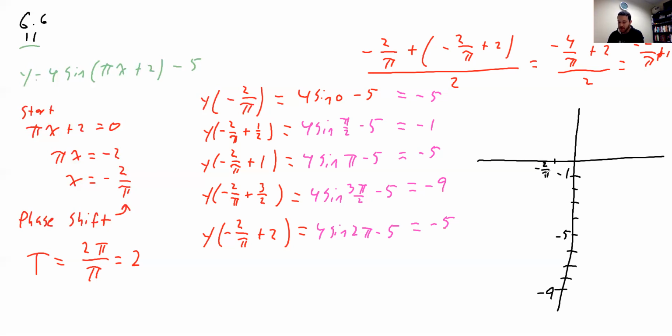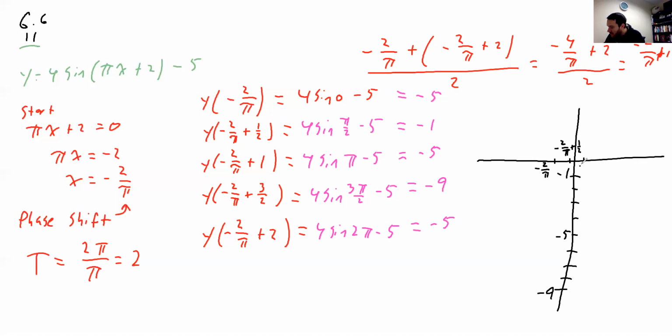Then when you add 1/2 to that to get your next point, that's negative 0.14 about. So I'm going to throw that right there. This is not going to be pretty. So it's negative 2 over pi plus 1/2. Then if you go negative 2 over pi plus 1, that brings you to like 0.4. I'm going to put right there.